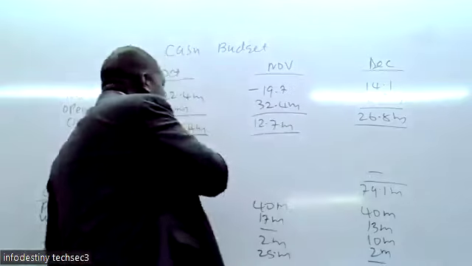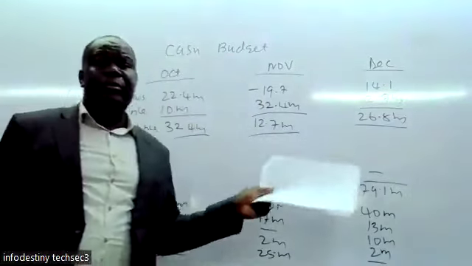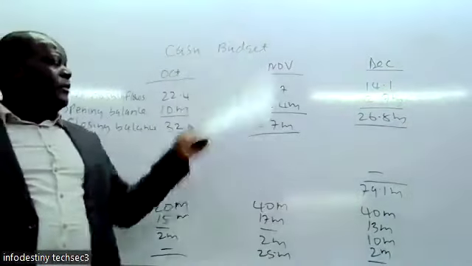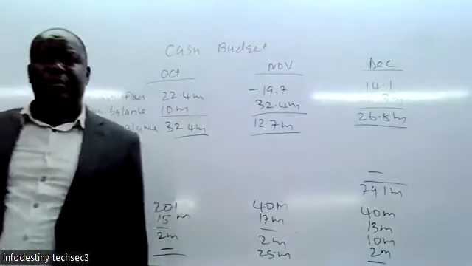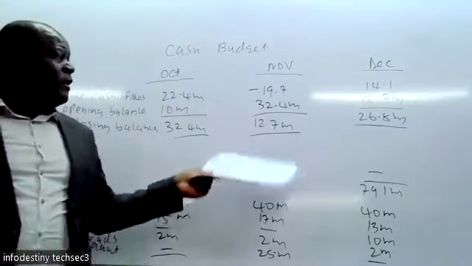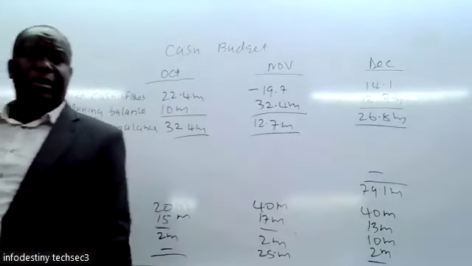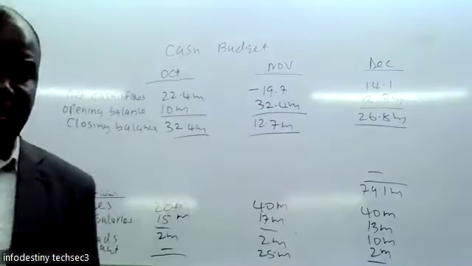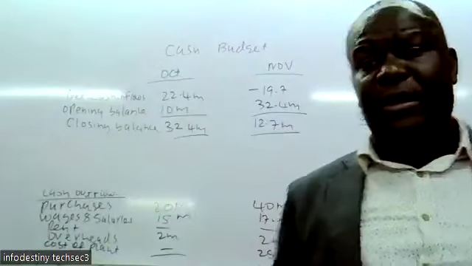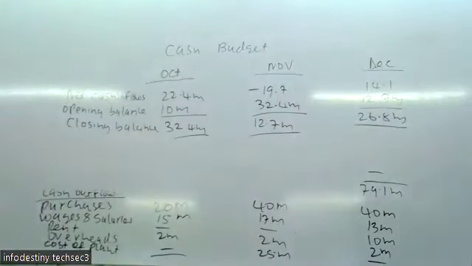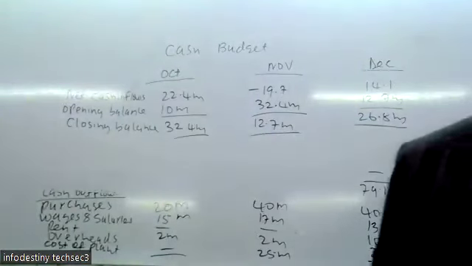So that is the easiest way how to treat that opening balance. If I start with it, remember adding all of them, you can get confused, even getting those balances. But once you have done that, it becomes now easier to present it. So there is no more other question in that past paper in relation to the budget. That is now the small format I can be able to present for the budget.